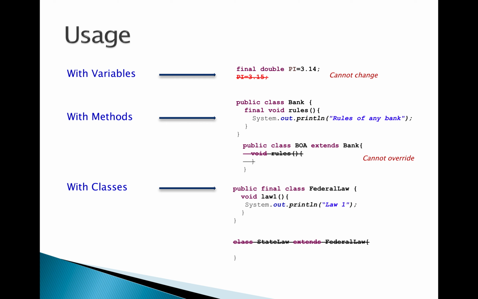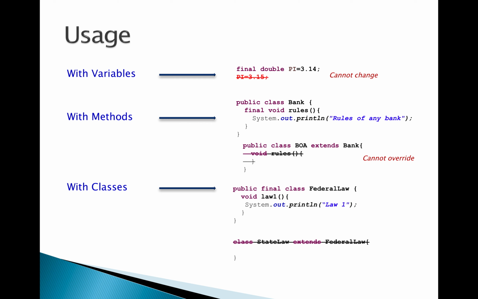Let's say we have a person class and an employee class; the employee makes use of the person class, getting all the properties and behaviors of the person class, and adding its own methods. But here we are saying this is final. You cannot override any of its methods, you cannot even inherit it, you cannot make one more class out of it.